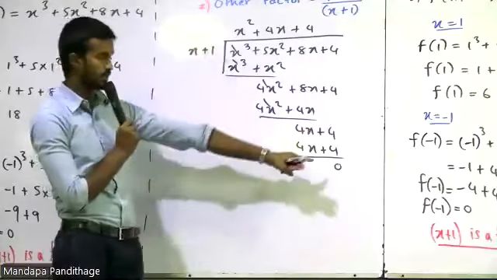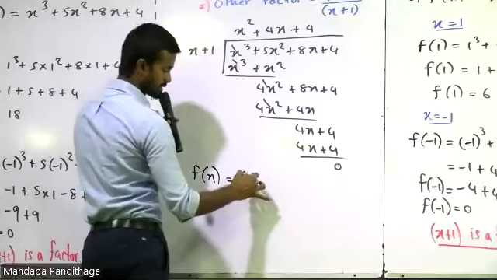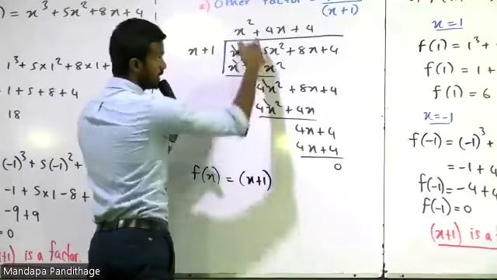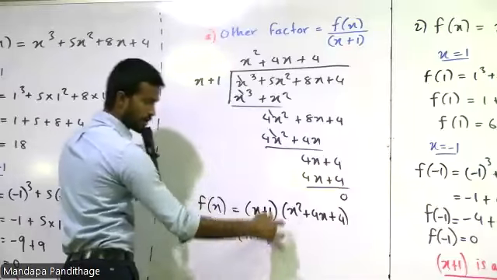Then I can write what the two factors are. f(x) is equal to, this is one factor, x plus 1, here's the other factor, x squared plus 4x plus 4. This is someone we know, a quadratic one. This one you can factorize. You don't need the factor theorem to factorize it.